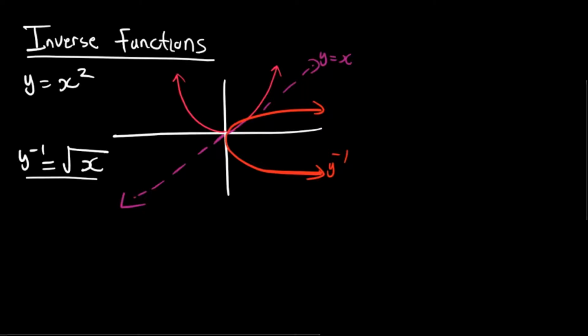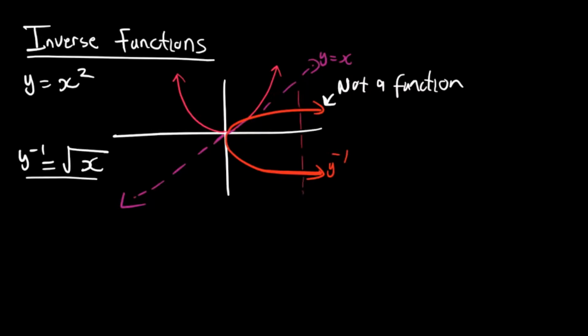Now, the inverse of this function is actually not a function, because if you draw your vertical line test, it will touch the graph at 2 points, making it not a function. So for us to be able to make it a function, we must restrict the domain.